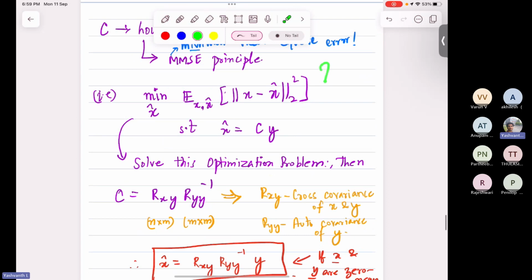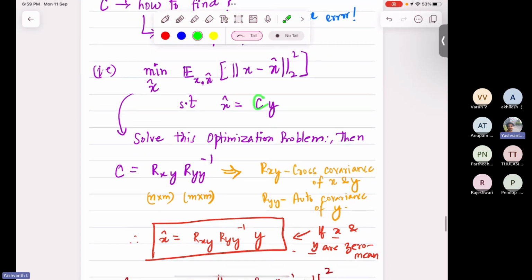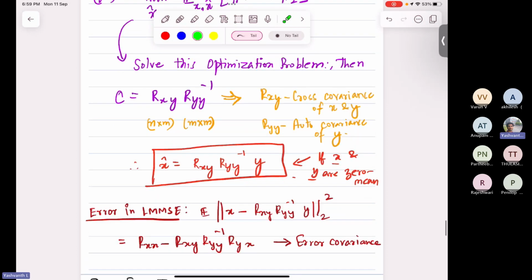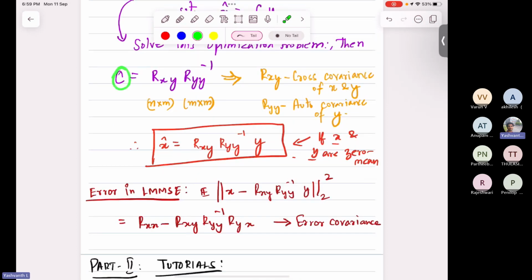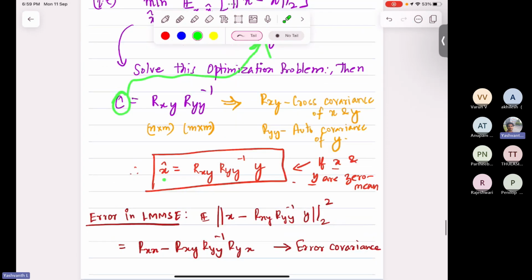If you solve this optimization problem, you can show that your C matrix turns out to be Rxy times Ryy inverse, where Rxy is called the cross covariance of the parameters x and y, and Ryy is called the autocovariance of the vector y. If you substitute this C in your estimator x hat equal to cy, you get x hat equal to Rxy Ryy inverse times y.